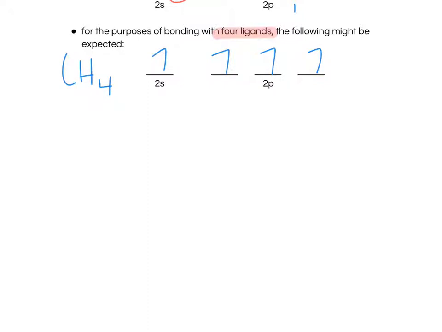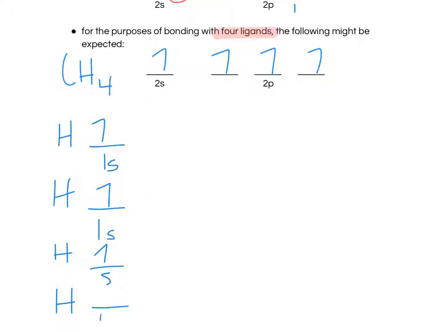Each of our hydrogens has 1 electron, and so its electron would be in the 1s orbital. So I'm going to draw 4 of them. I'm running out of space, so I'm going to do my best here. There are my 4 electrons from each of the hydrogens, and here's my carbon right over here.